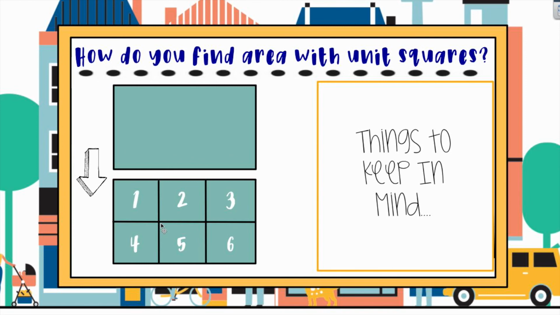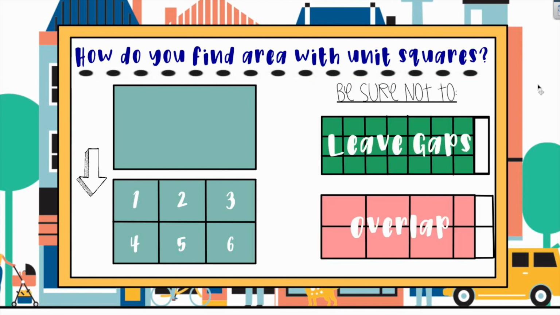Once you've done that, all you do is count. So for this example, this rectangle has 6 square units. So the area of this rectangle is 6 square units. In addition to this, there are some things that you need to keep in mind that I want to point out. Let's check those out now.